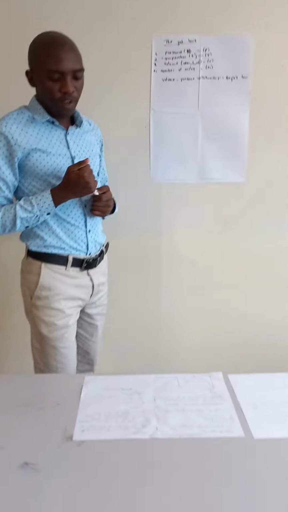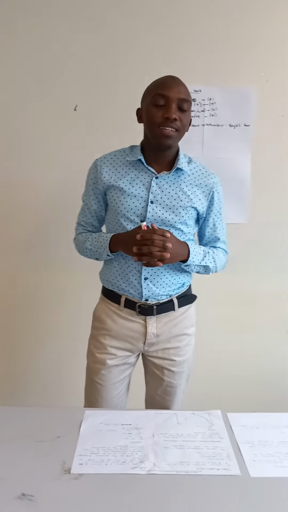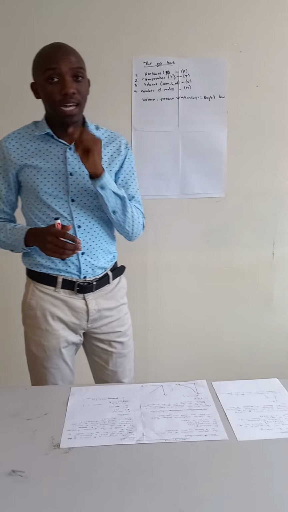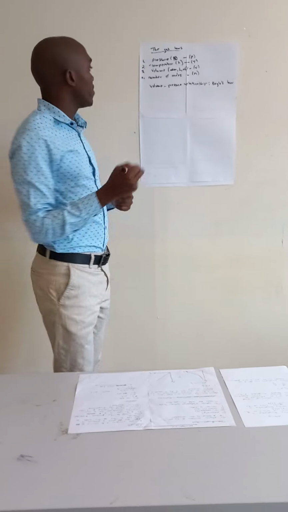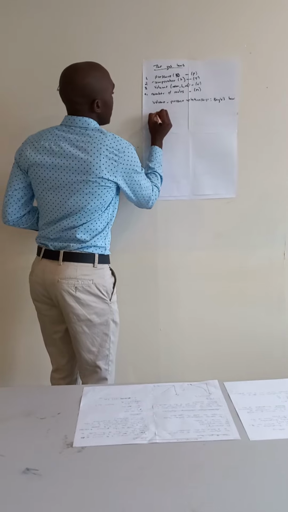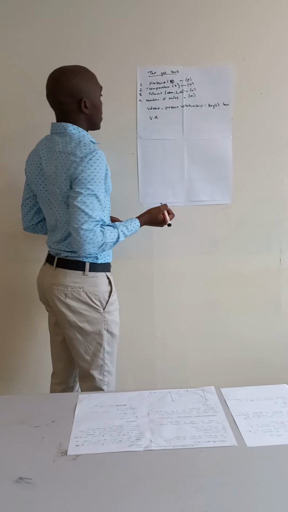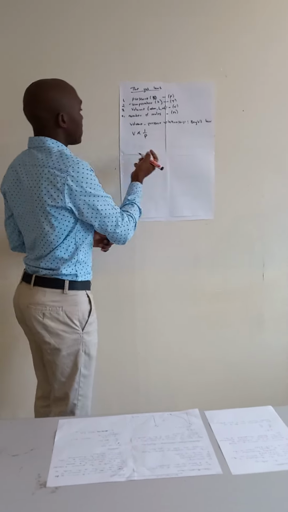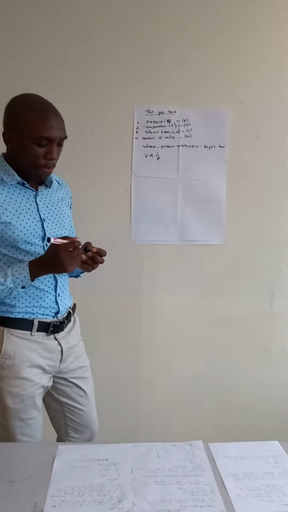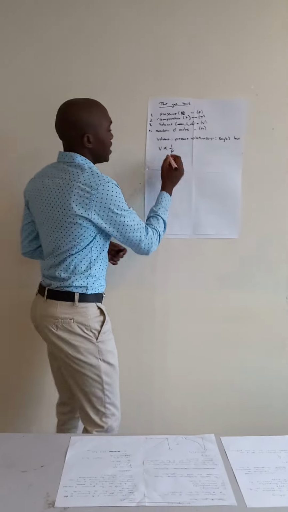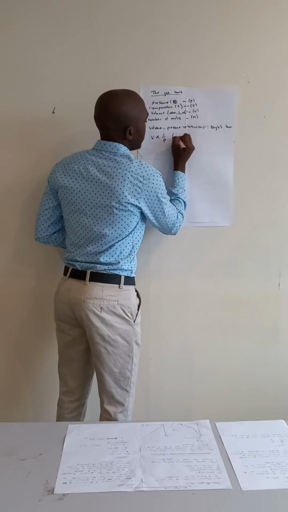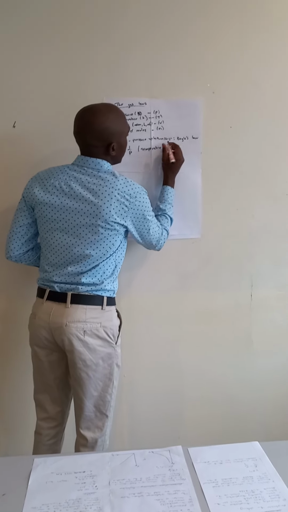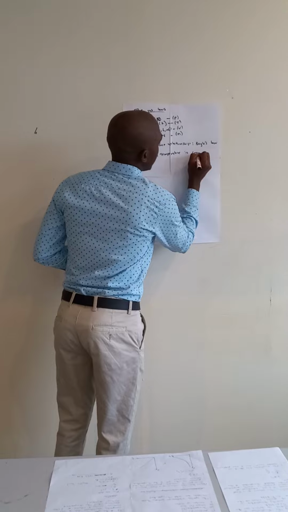So mathematically you can say V is proportional to 1 over P. This volume is inversely proportional to the pressure, provided that temperature is constant.